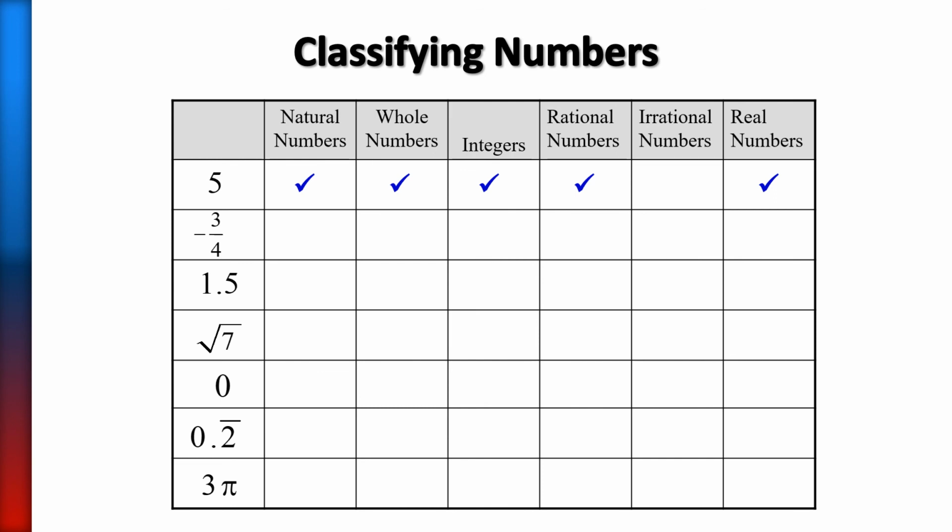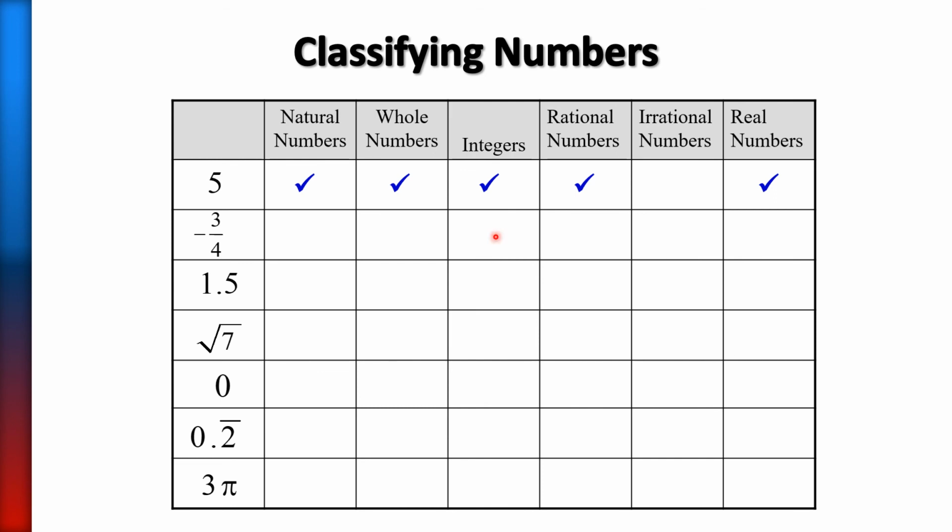Moving on, negative 3/4. Is that in the set of natural numbers? No, it is not. Natural numbers include your whole numbers. No fractions are involved in there. Nor is it a whole number. So not a natural number, not a whole number.